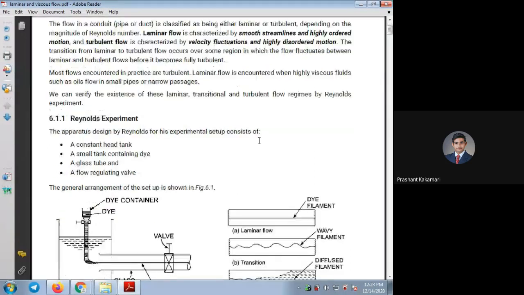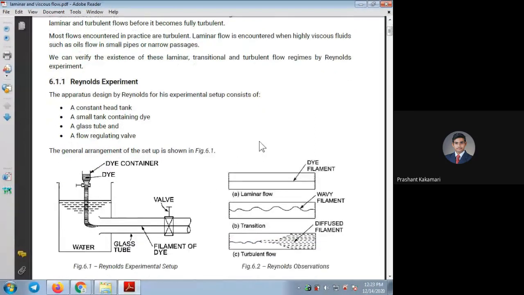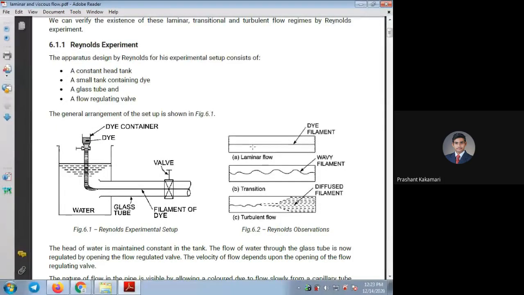So we'll recall once again the Reynolds experiment here. I will not recall the objective or apparatus used here. Generally, even without using the Reynolds number, if the flow is smooth and the dye or ink injected at the center flows in a straight line at the center of the pipe diameter, or wherever the dye is injected it is maintained at that position up to the exit, then we can understand that it is a laminar flow.